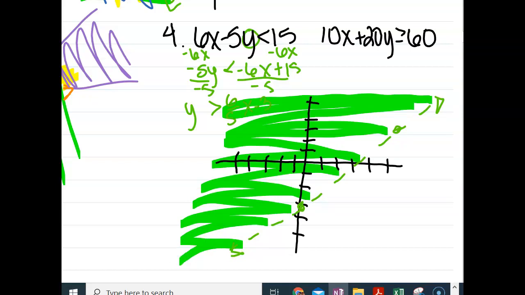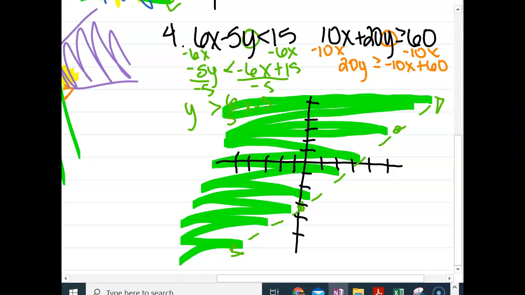Okay, now this second one you have to be kind of careful, and this is going to happen on your homework today. We're still going to put it into y equals, which means I still need to move my x terms, so we're going to subtract 10x from both sides. So we have 20y is greater than or equal to negative 10x plus 60.